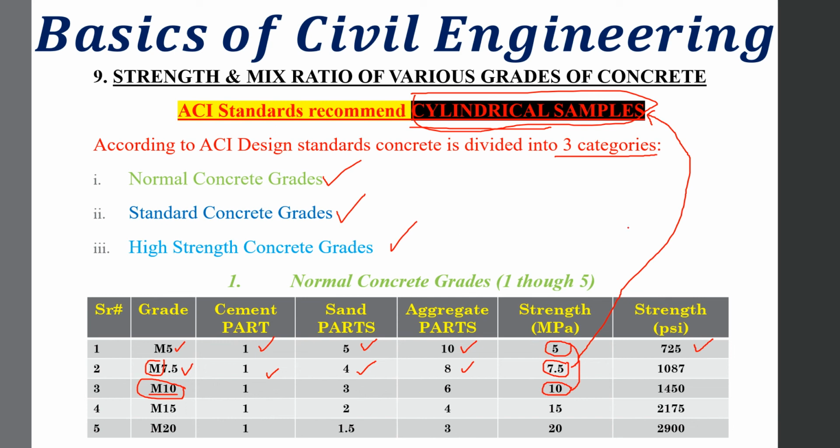For M15, the strength will be 15 megapascal and its mix ratio is as follows: 1 part cement, 2 parts sand, and 4 parts aggregate. For M20, 1 part cement, 1.5 parts sand, and 3 parts aggregate, and its strength will be 20 megapascals, equal to 2900 psi.